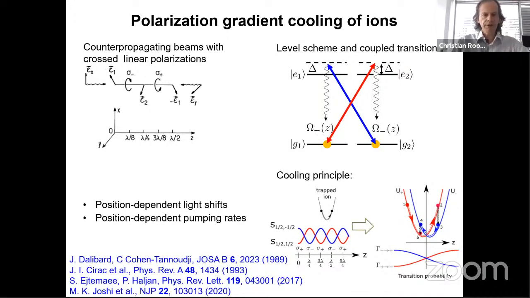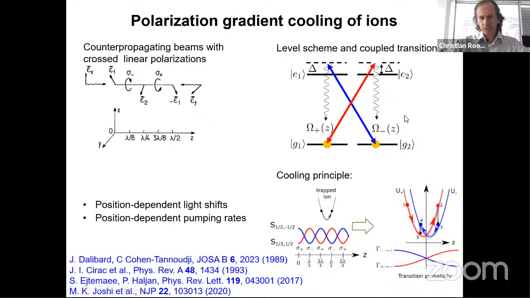And the idea is that you have now positions at which the light is plus and minus circularly polarized. And so this means that there are certain locations in space where there's just the red laser field that is shown here, the plus circularly polarized one that couples the ground state G1 to the excited state E2. And in other locations, you have the blue light field.